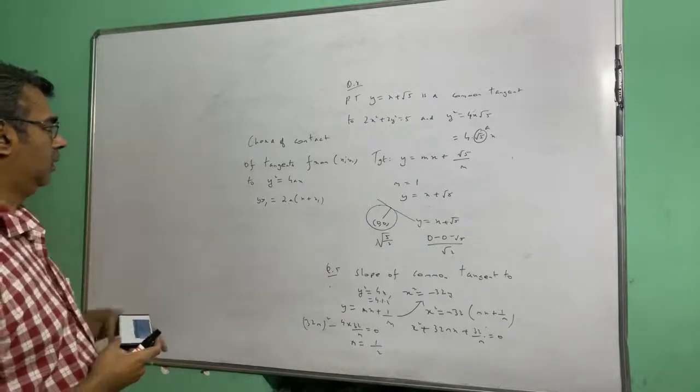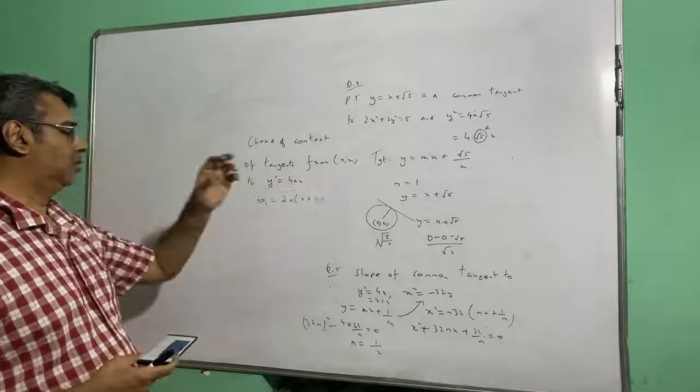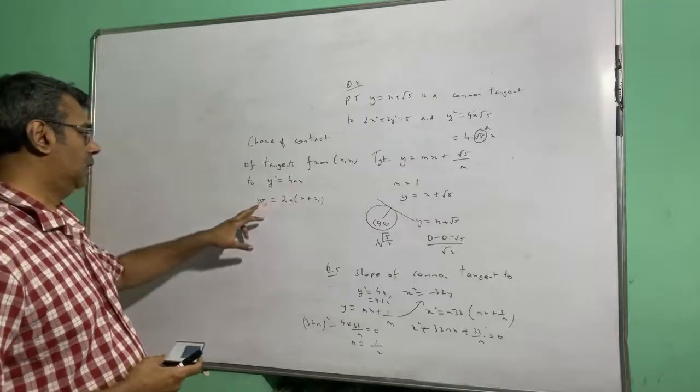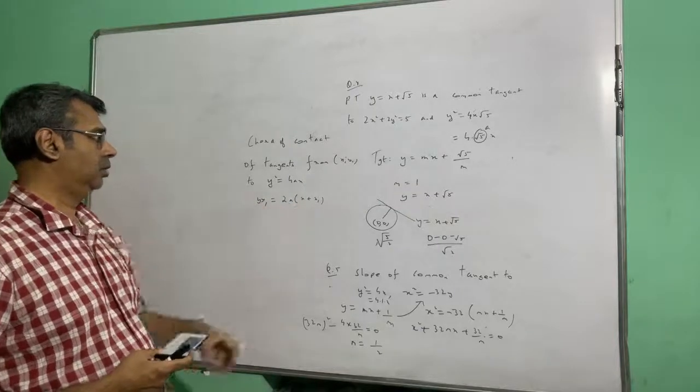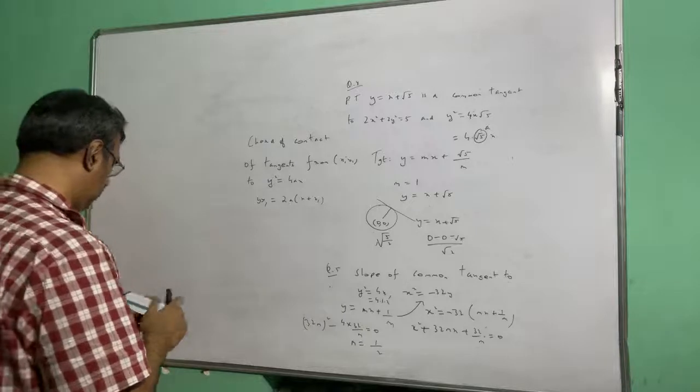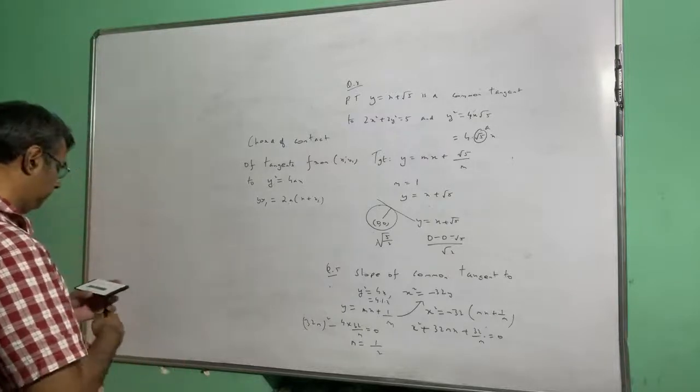So chord of contact of tangents from x1, y1 to y square equal to 4ax: the answer will be y1 y is 2a into x plus x1. This is the formula for chord of contact.